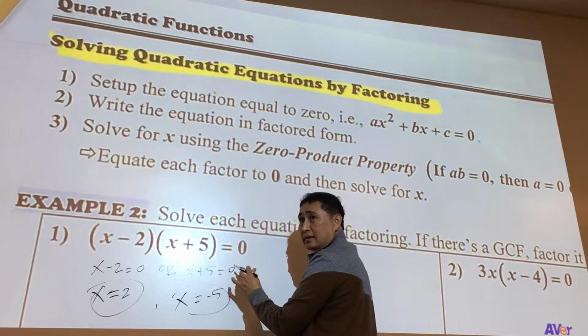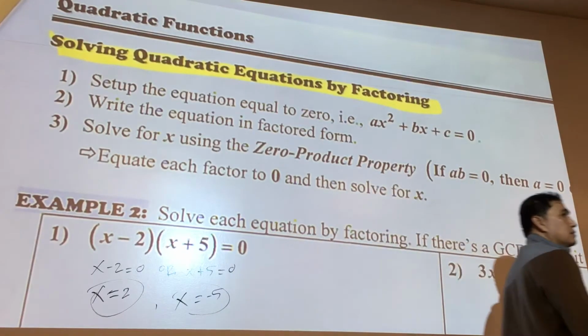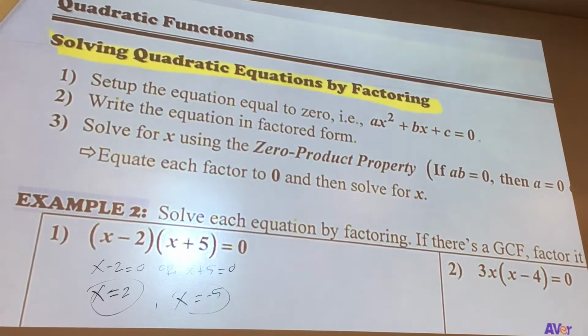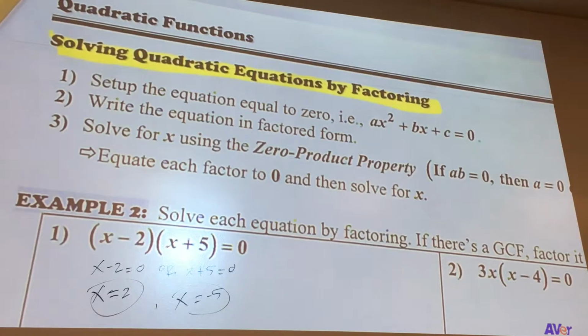Let's do this quickly. Oh, you may copy that first. Now you might be wondering, why are there two answers? I'll be explaining that to you in a bit. But for now, are we clear with the steps?